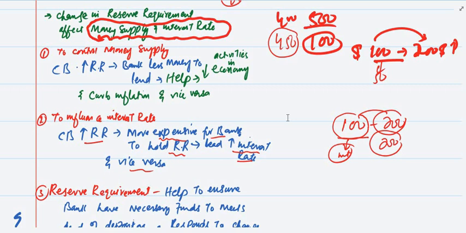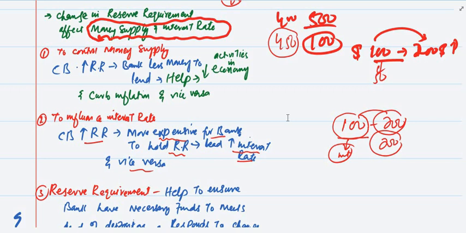So this will influence the interest rate: the interest rate will go up when the reserve requirement is high, and the interest rate will reduce when the reserve requirement is reduced.